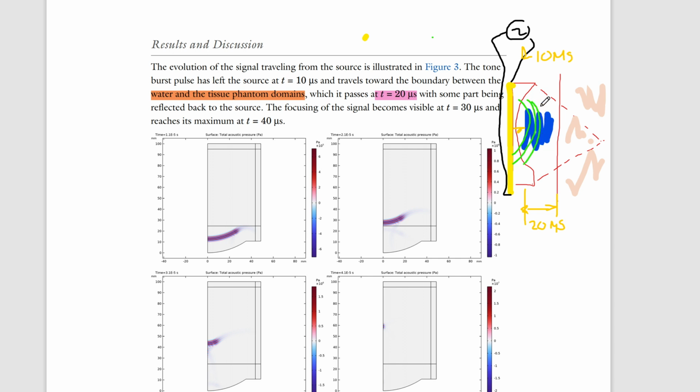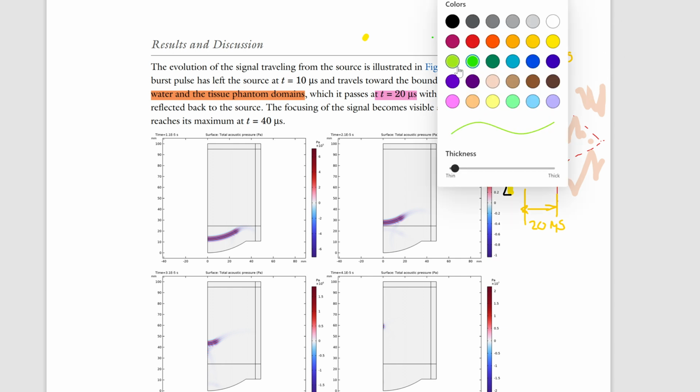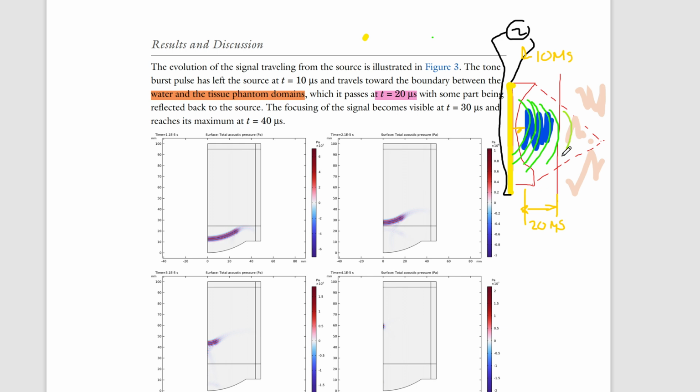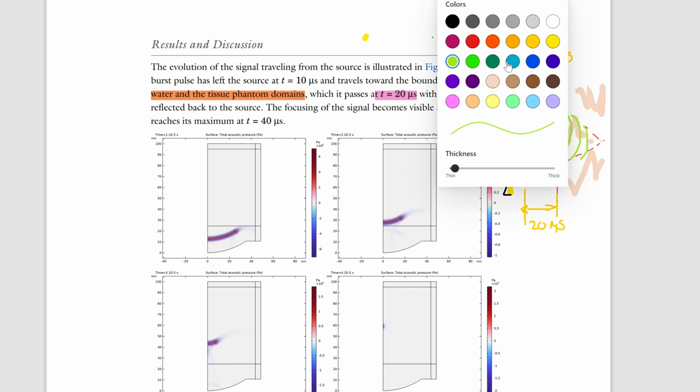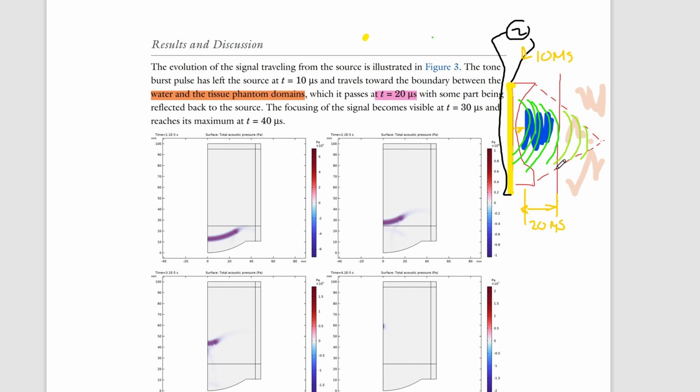So it's coming in, coming in, coming in. Some's going through, lighter is going through. But then it said we have some being reflected back. I'm using darker green for that. So we have the waves coming back this way. And this is happening very, very fast if it's only taking 10 microseconds to pass through the water.